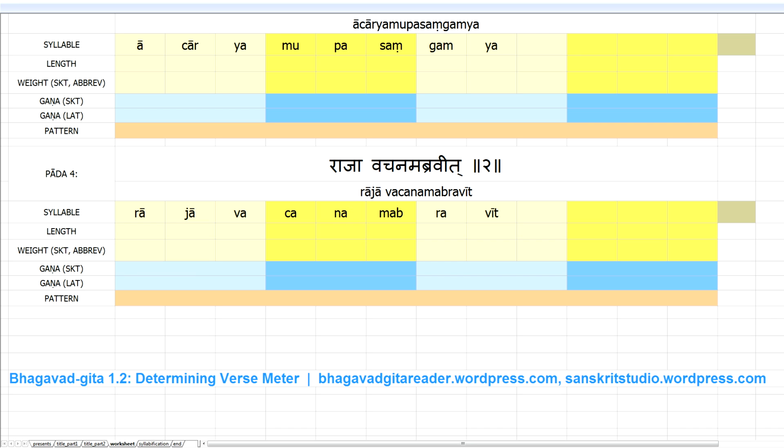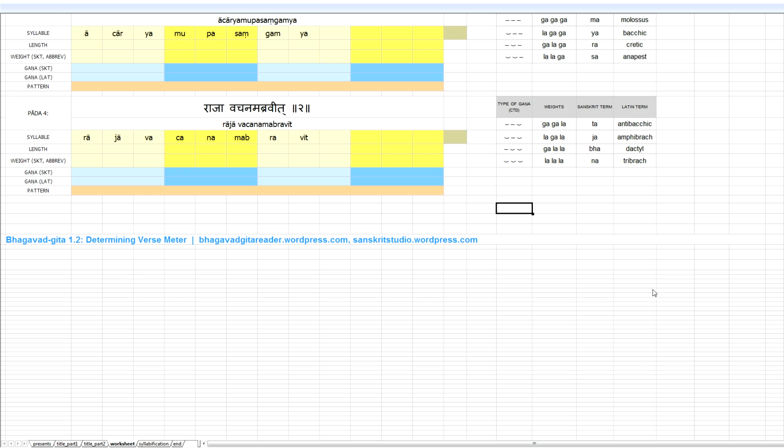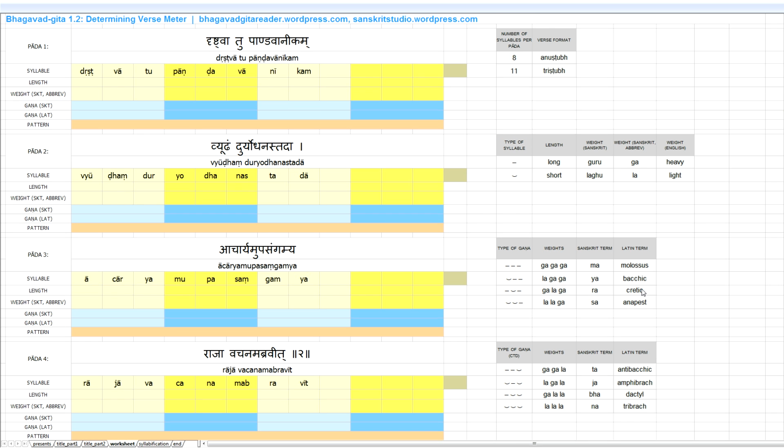And now let's zoom out to get a little overview. So here we then have all the padas, and we see that 1, 2, 3, 4, 5, 6, 7, 8.